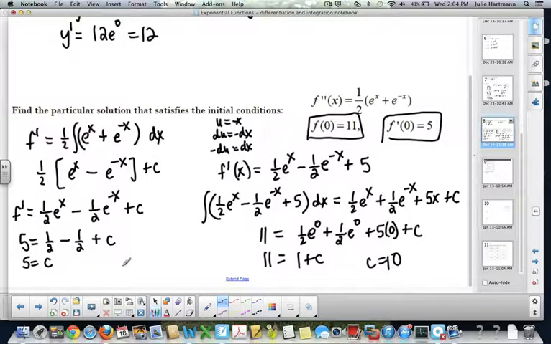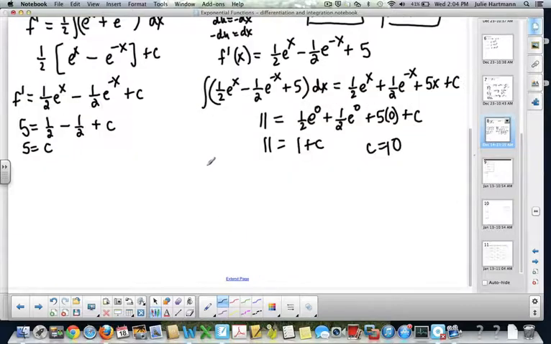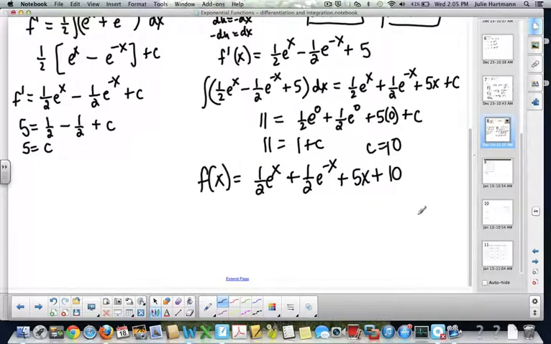Okay, so you get f of x equals 1/2 e to the x plus 1/2 e to the negative x plus 5x plus 10. And that is it for integrals of exponential functions.